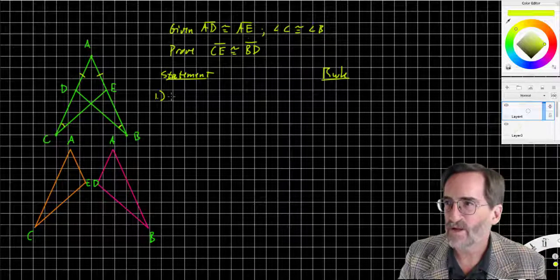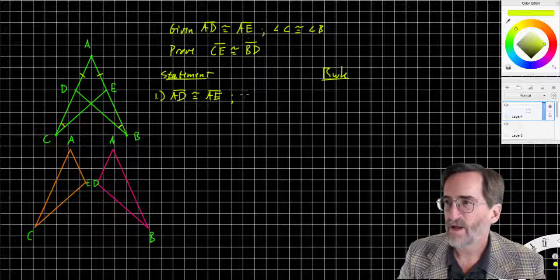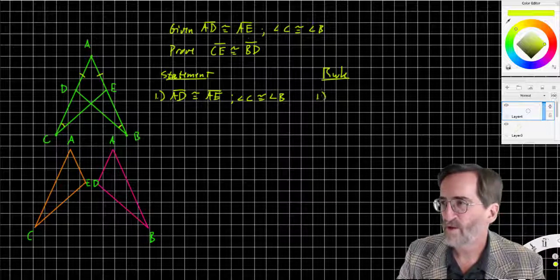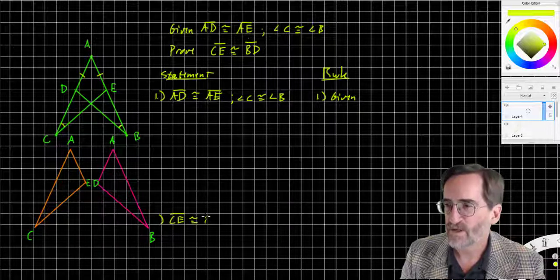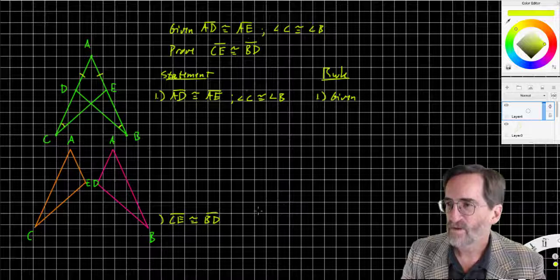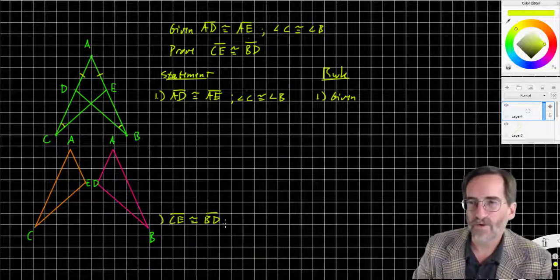Statement 1, AD is congruent to AE, and angle C is congruent to angle B. How do we know? Given. The only assumption we can make in a proof is the given. And we know the proof is done when we reach CE is congruent to BD. Which number that is and what rule, I don't know yet.